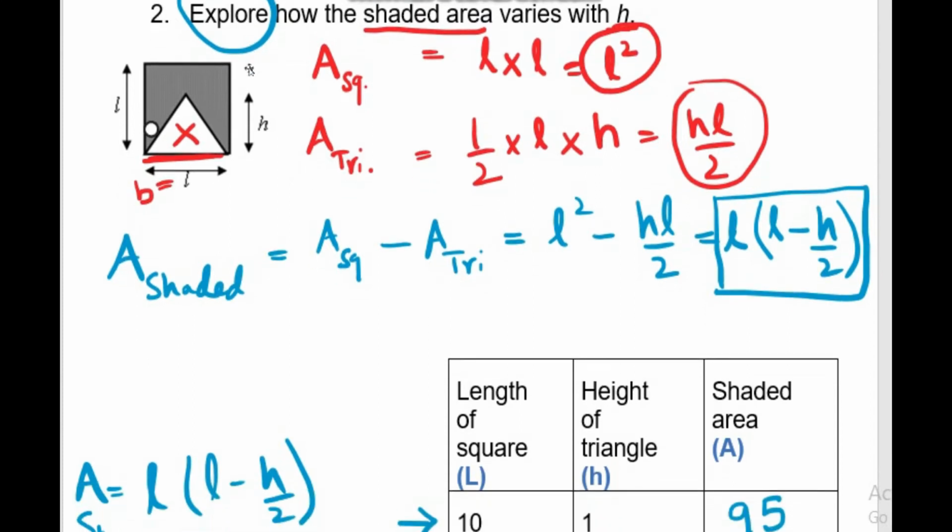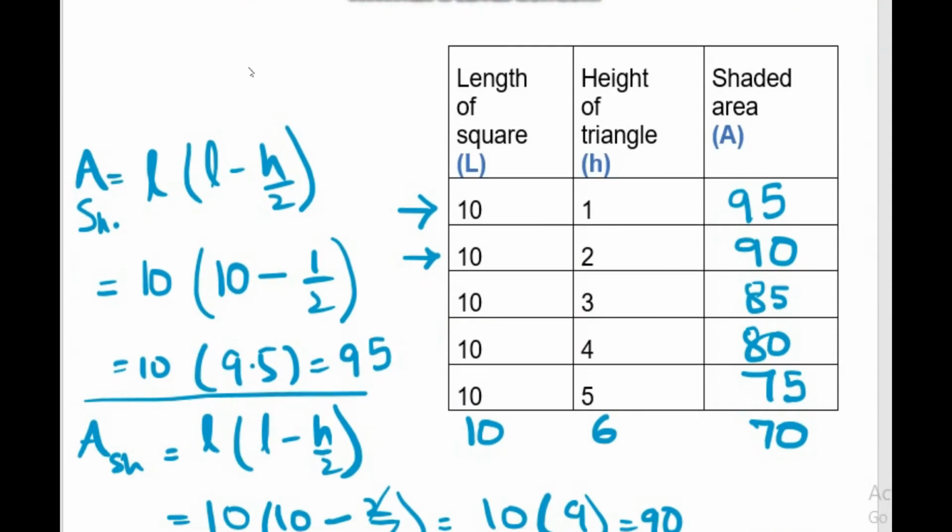What we have done so far is we found the area of the square and the triangle, then we found the shaded area by taking the difference of the two. Then we used this formula for shaded area to find the shaded areas when height has certain values with the length being constant.